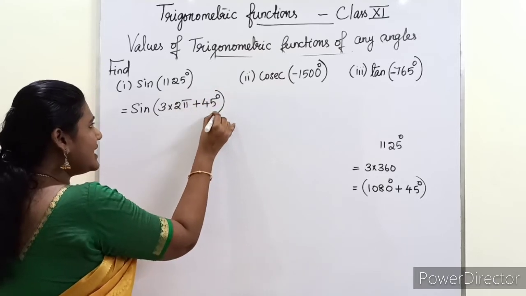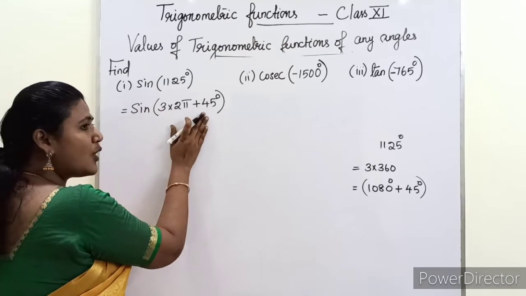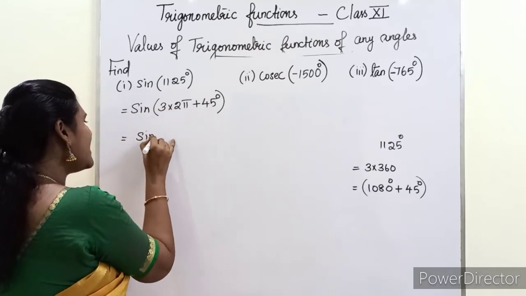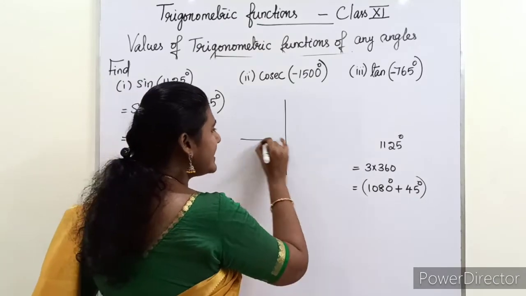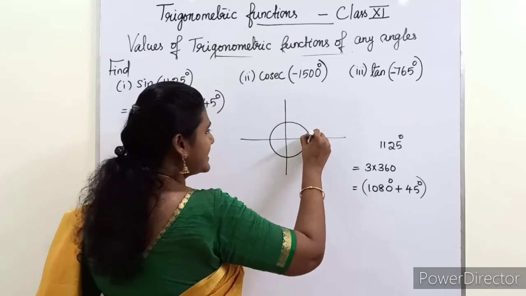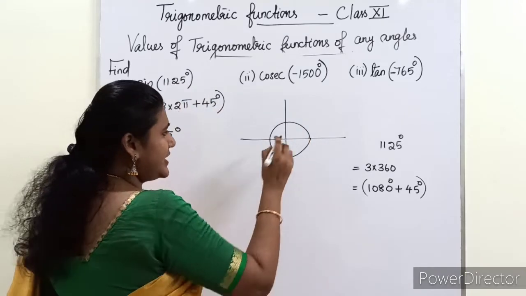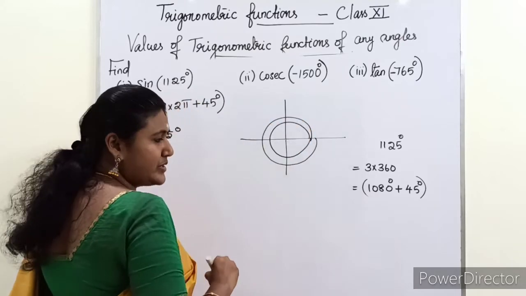Now if you see here, this integral multiple of 2 pi means the function will not change. So you will get sin 45 degree. So here 3 times 2 pi. If one full revolution completes, it completes 360 degrees. One more revolution, it will reach 720.